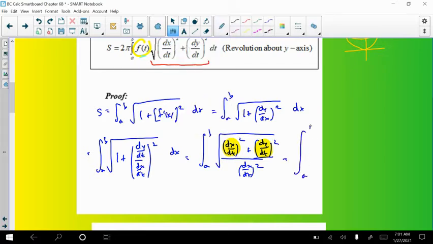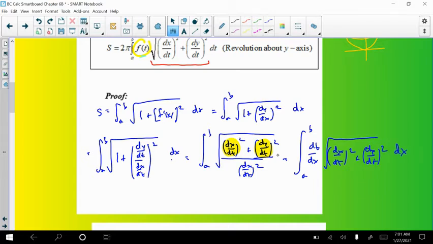So then from a to b, we get dt over dx, and then the square root of dx/dt squared plus dy/dt squared.